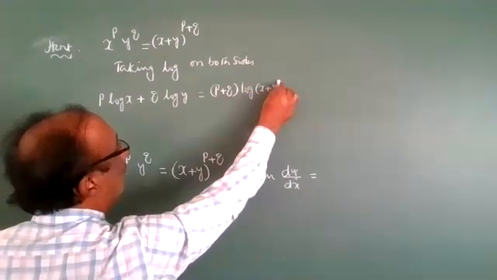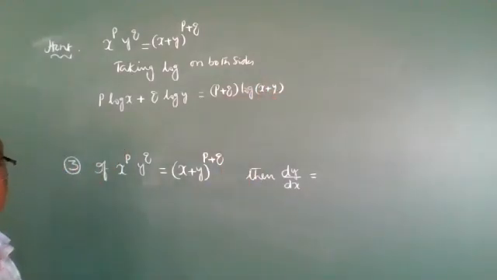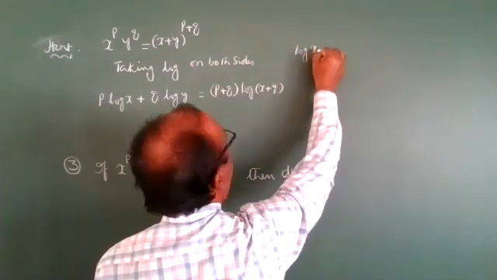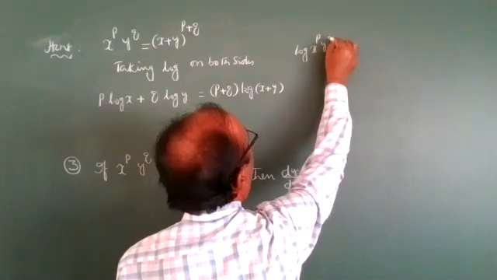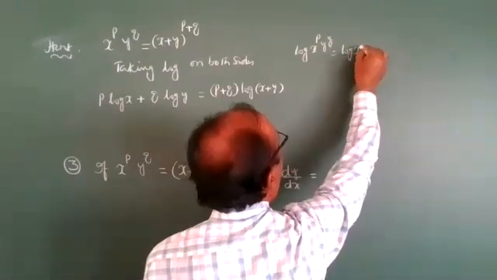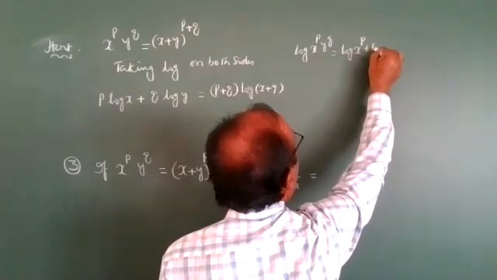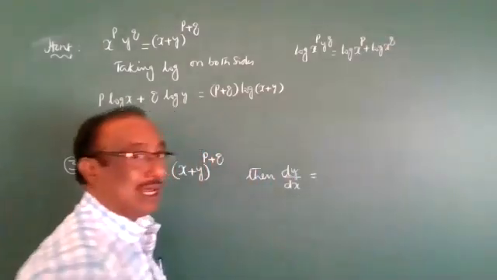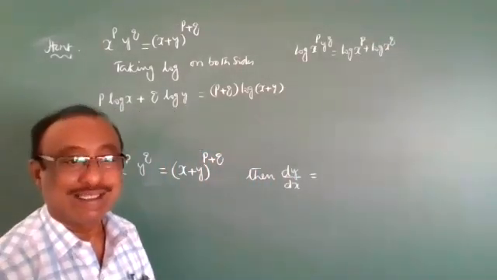So what I am writing, understand directly now. The logarithm of m into n, x^p y^q, is log of x^p plus log of y^q. The logarithm of a multiplication makes it a sum.